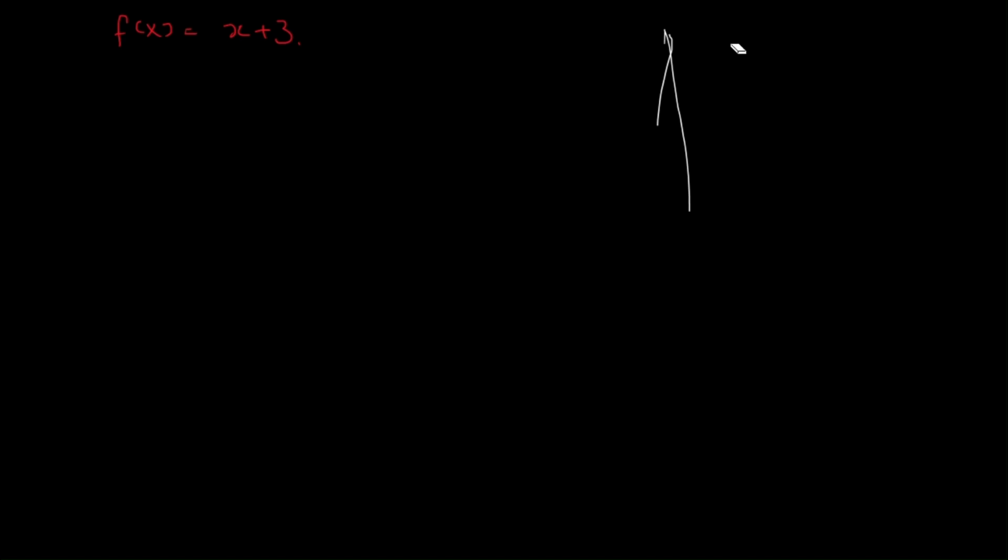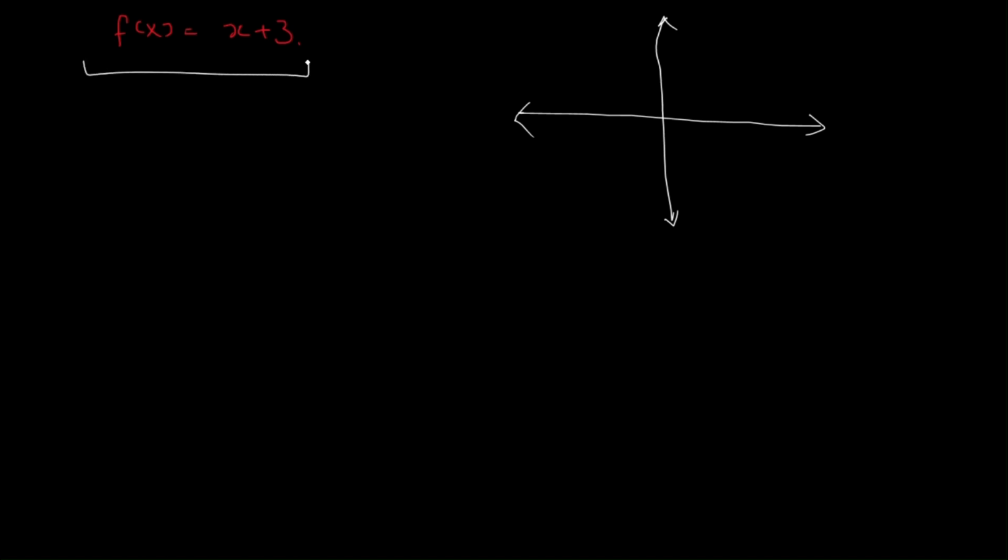Sorry, my drawing is not very good. Here we go. So this function has a y-intercept of 3 and the x-intercept is -3. So it will go like this, right?